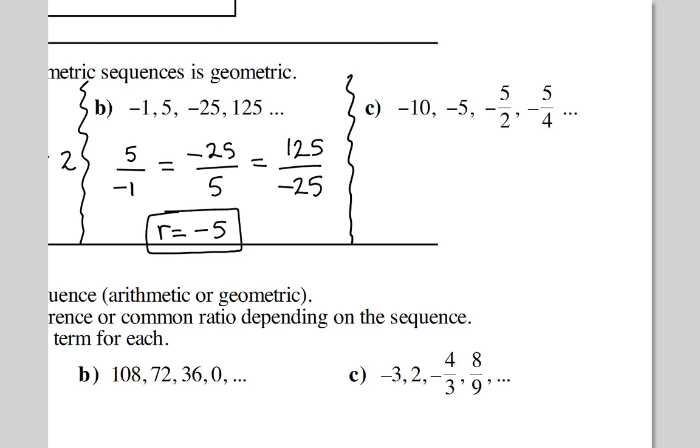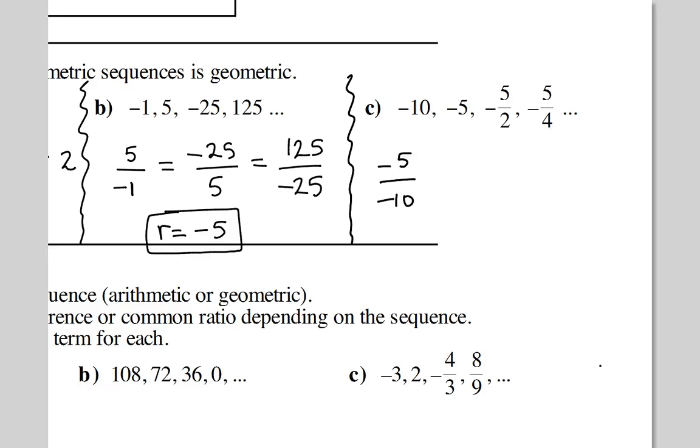So in the first two examples, we were dealing with sequences that were growing. You can see in this next example that the sequence is actually decreasing in numerical value. So it tells you something about the R value. The R value is less than 1, ignoring the sign, of course. So in this case, what's -5 divided by -10? Yeah, it's a half, right? 5 is half of 10.